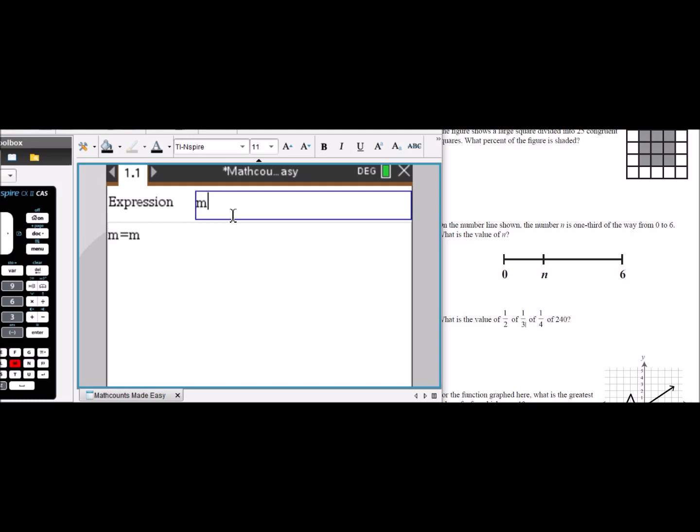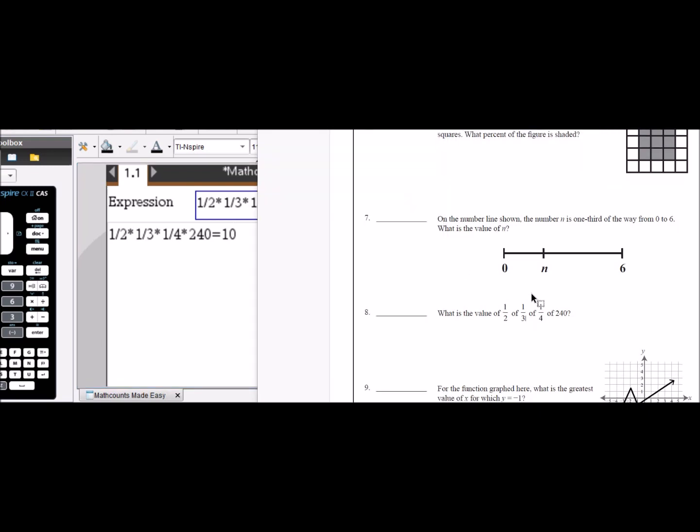You could also do modular arithmetic. What's 100 mod 6? When divided by 6, it will give you 4. Or in this problem here, 1/2 of 1/3 of 1/4 of 240 is 10. Solved. Next question.